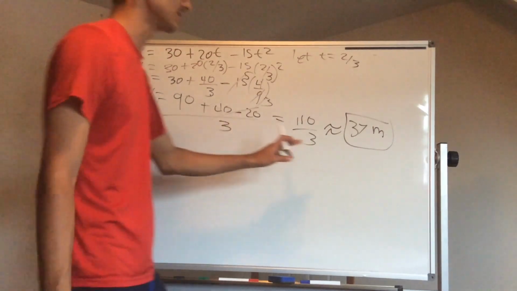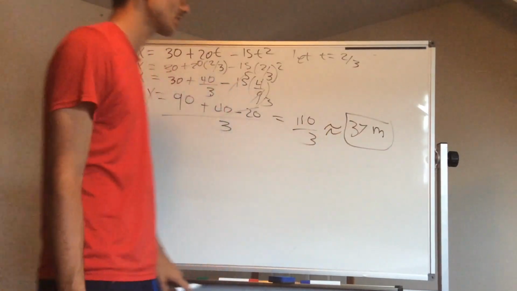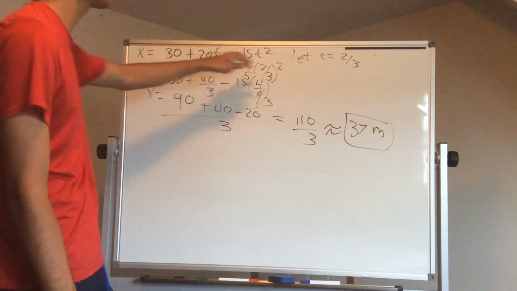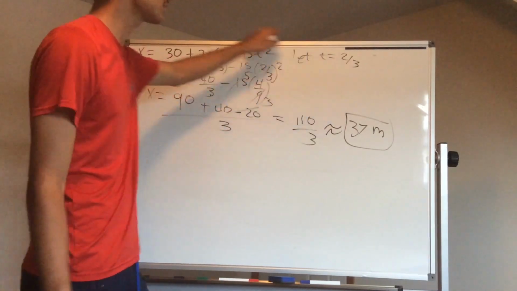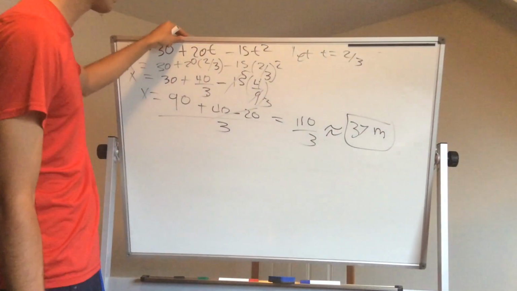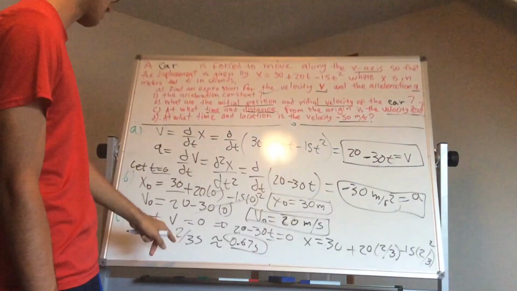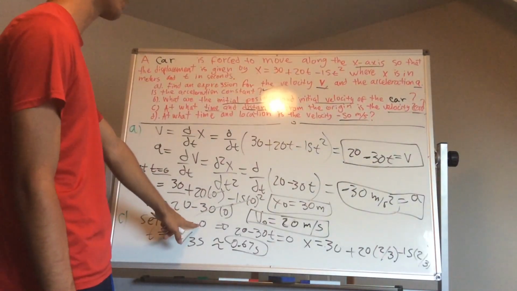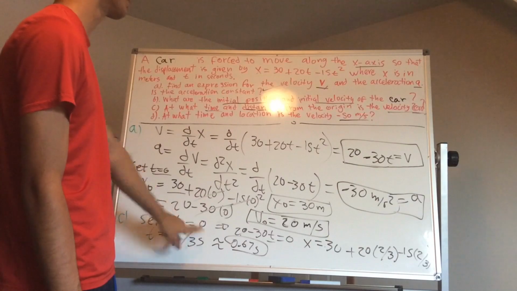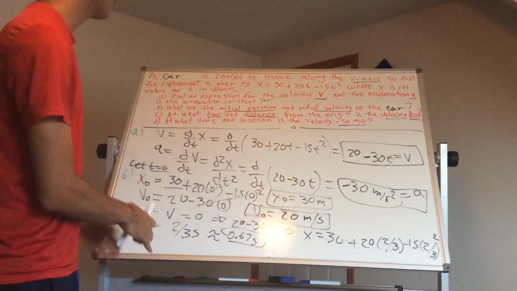So that will be the distance from the origin when the time is 2/3 seconds, or 0.67 seconds, and the velocity is 0. Okay, very good. Now let's do part D.